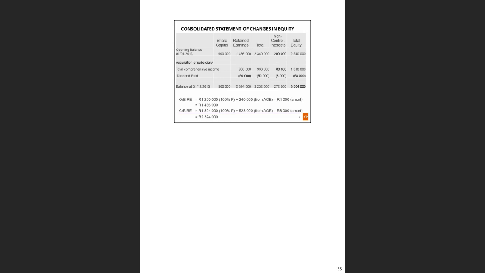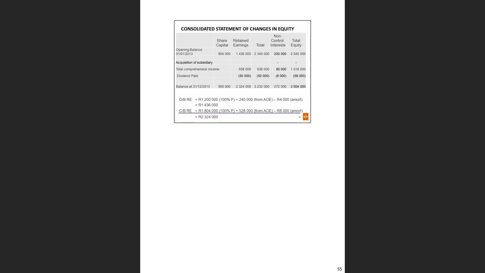So it's slide 50. I think I mentioned that. Let me just go to slide 50 on my other laptop. So that's 72,000. I'm assuming you're talking about the pro forma journal entry in retained earnings, that column. So that's 72,000 Rand. That is the NCI current year profit.